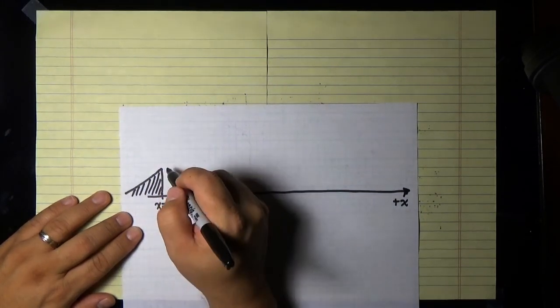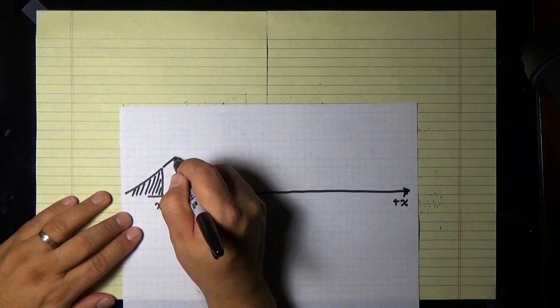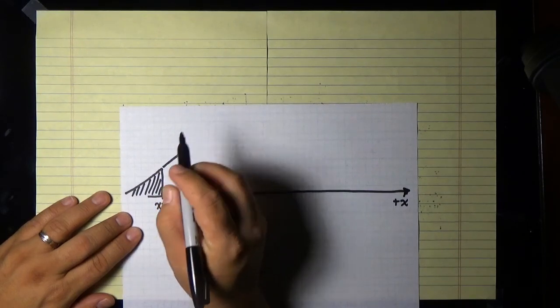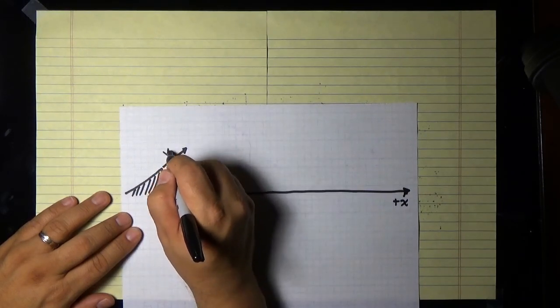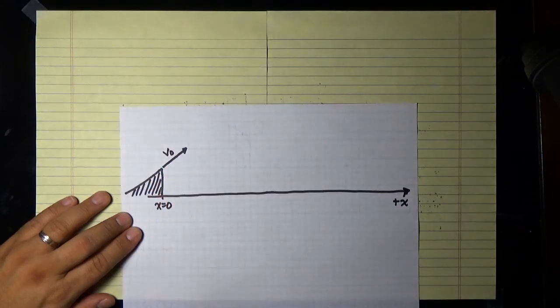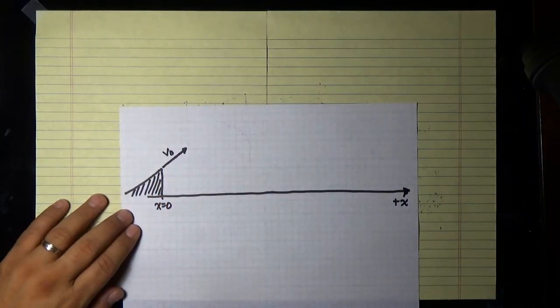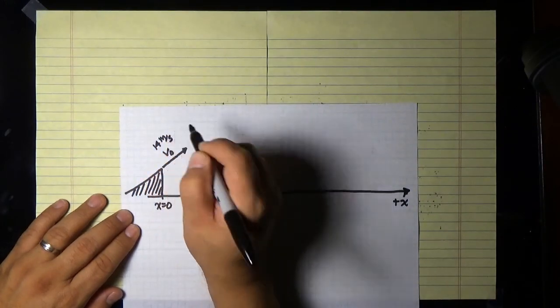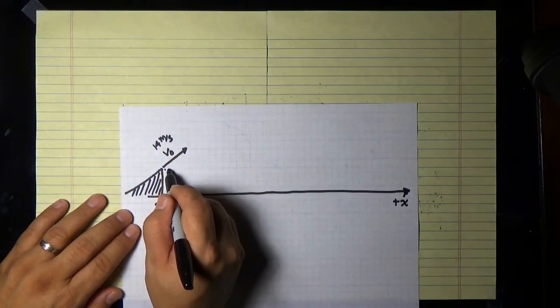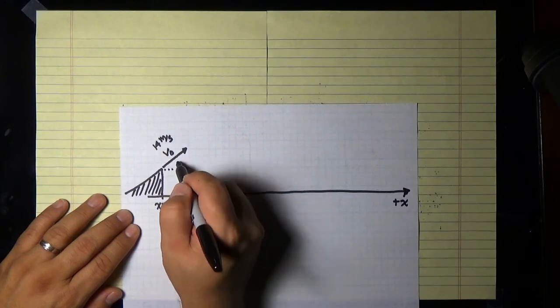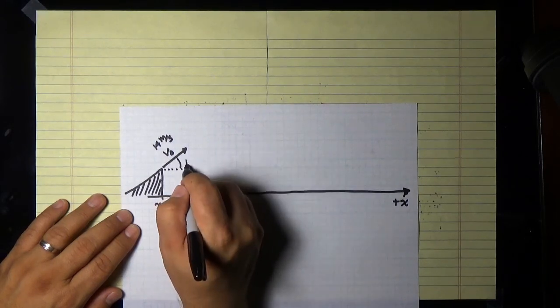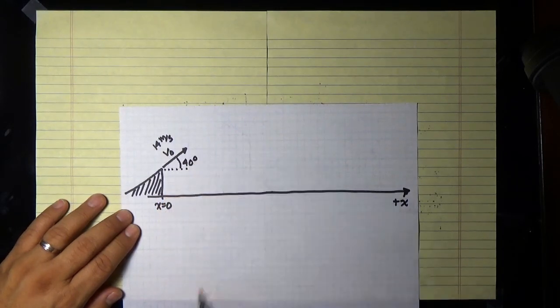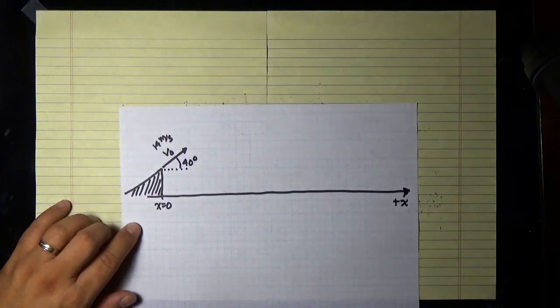I come off the ramp initially with an initial speed of 14 meters per second, and I'm also told that the velocity vector makes an angle of 40 degrees to the horizontal.